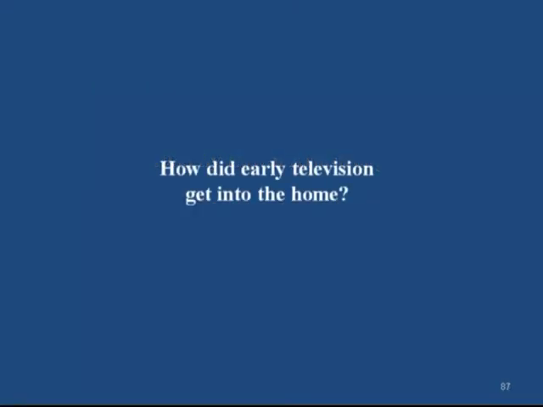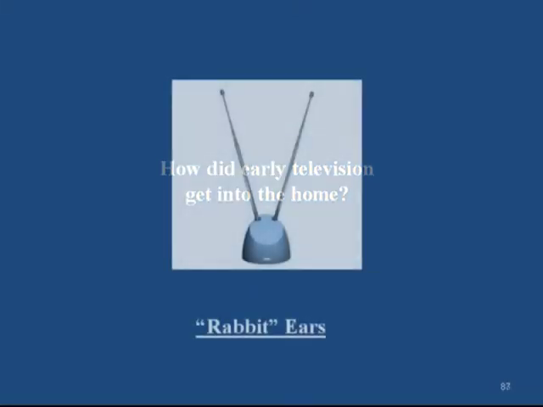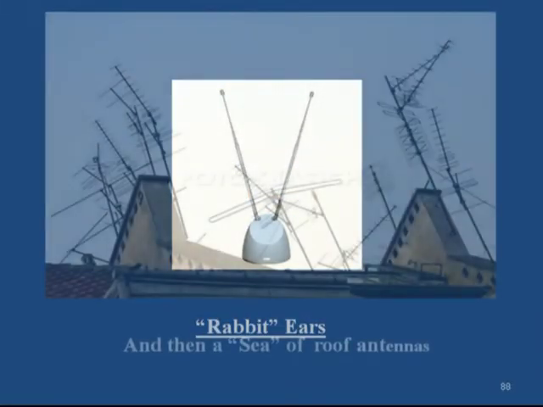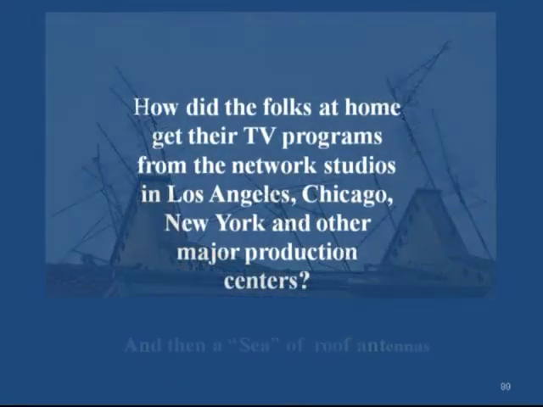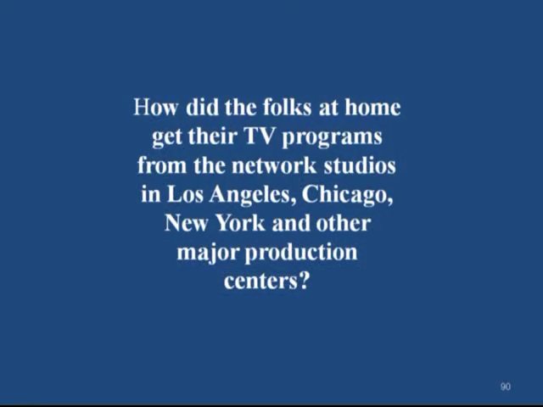Now, this is interesting. How did the early television get into the home? You remember the rabbit ears. And then the Lazy H's, and any cosmopolitan city had a sea of roof antennas. Now, how do the folks at home get their television programs from the network studios in LA, Chicago, New York, and other major production centers?